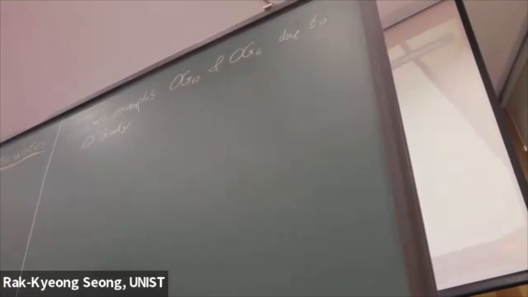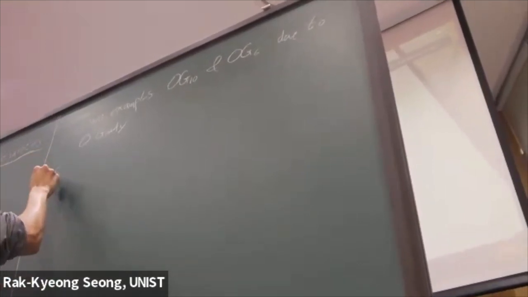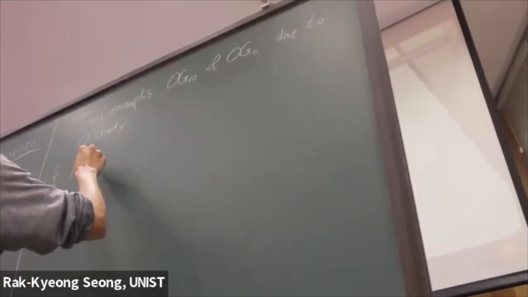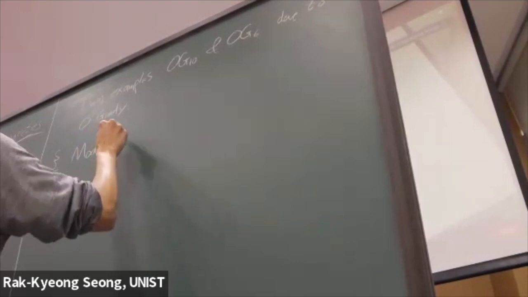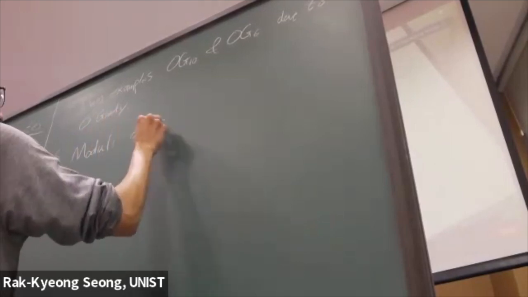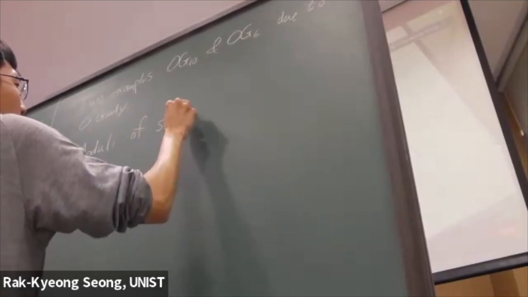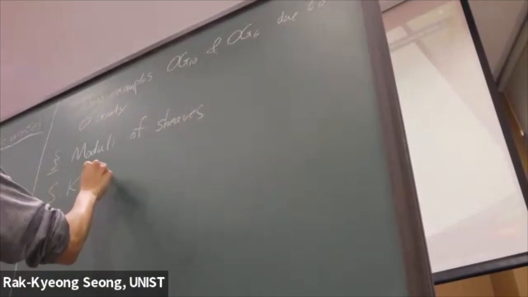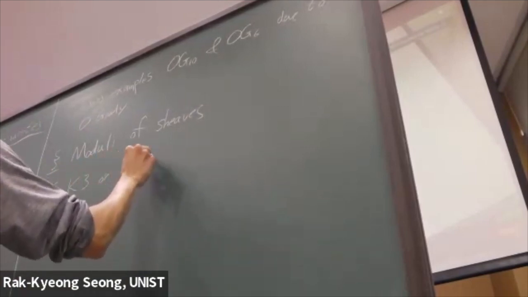So next, we introduce the moduli space of sheaves on a surface. Here we consider a surface S, which is a K3 surface or an Abelian surface.